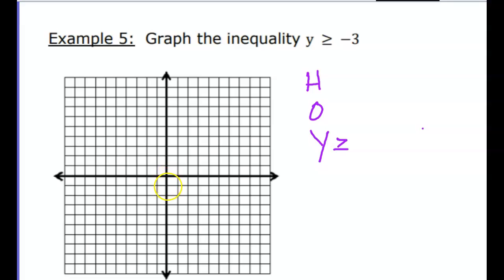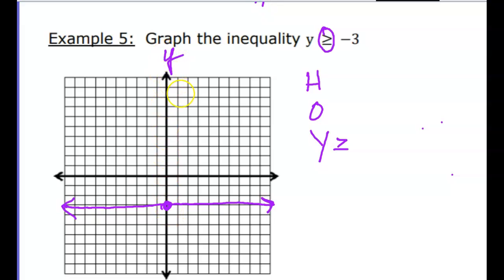What we do here is actually pretty easy. We just go to -3 and make our y-intercept. It's a horizontal line, and I look at that inequality sign and realize it's solid, so it's going to look like this.